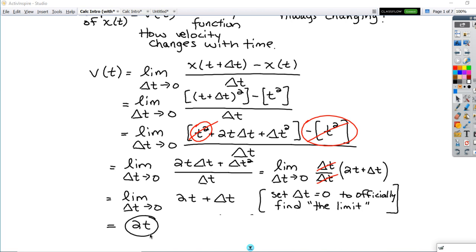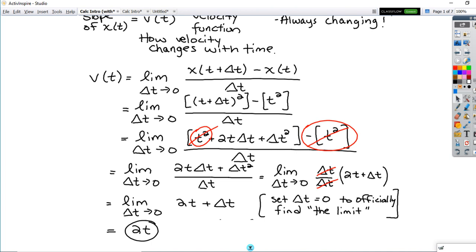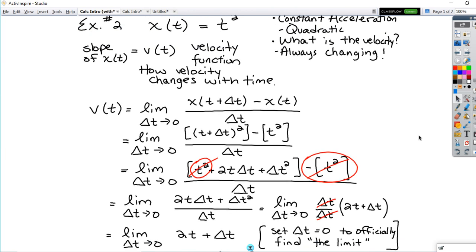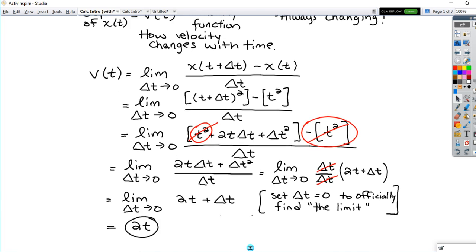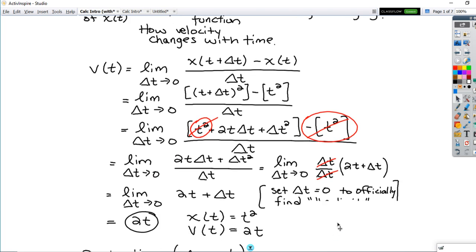With delta t equal to 0, all you're left with is 2t. So given a position time function of t squared, the corresponding velocity time function is 2t.